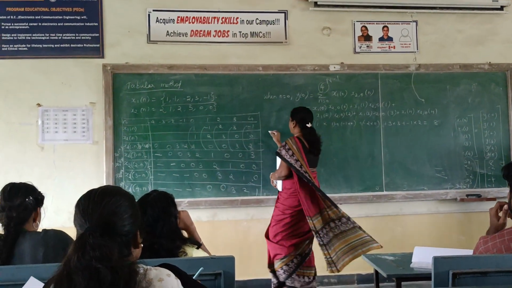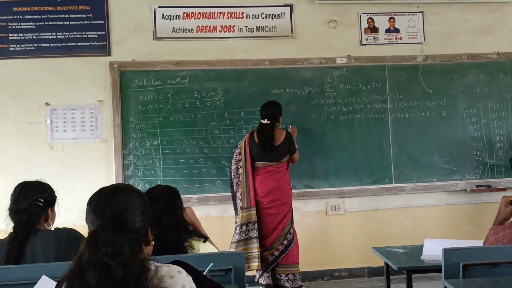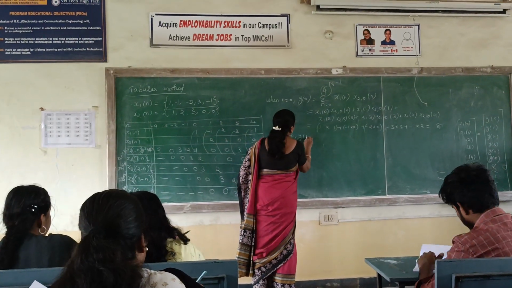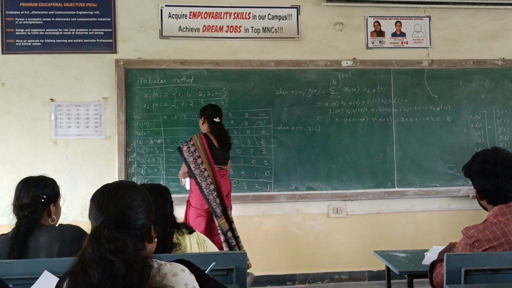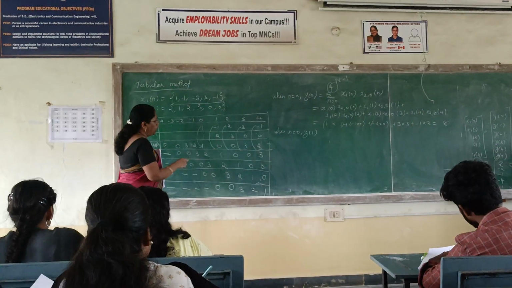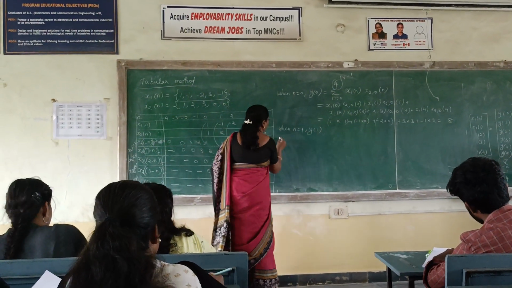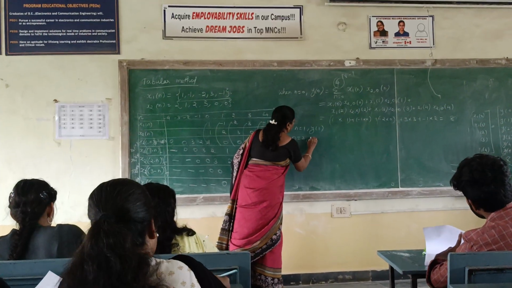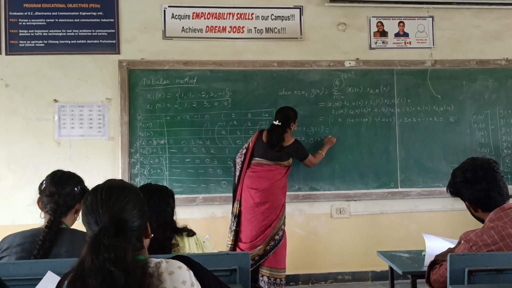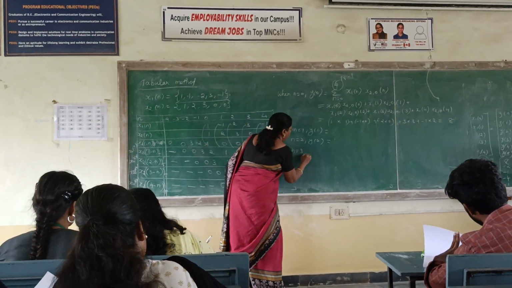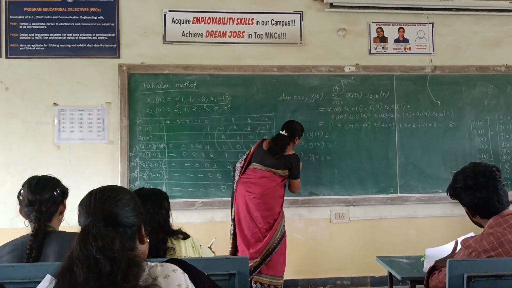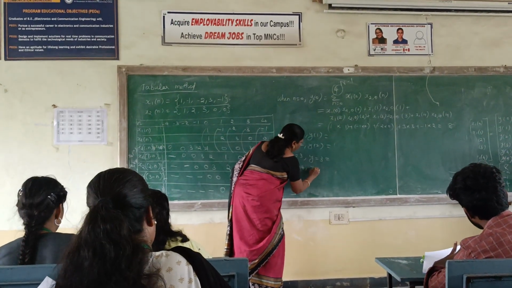Then when n equal to 1, y of 1 is equal to, could you multiply directly? When n equal to 1, y of 1; when n equal to 2, y of 2; when n equal to 3, y of 3; when n equal to 4, y of 4.